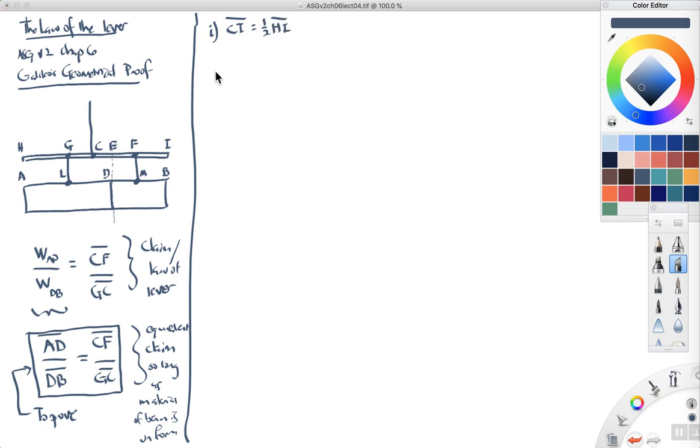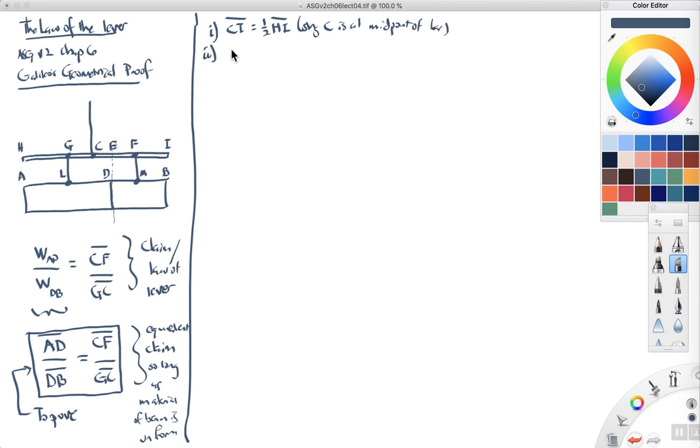That just amounts to the claim that this string is halfway from end I and from end H. Okay, so this is the string C. String C is at the midpoint of the bar. Okay, that's point 1.